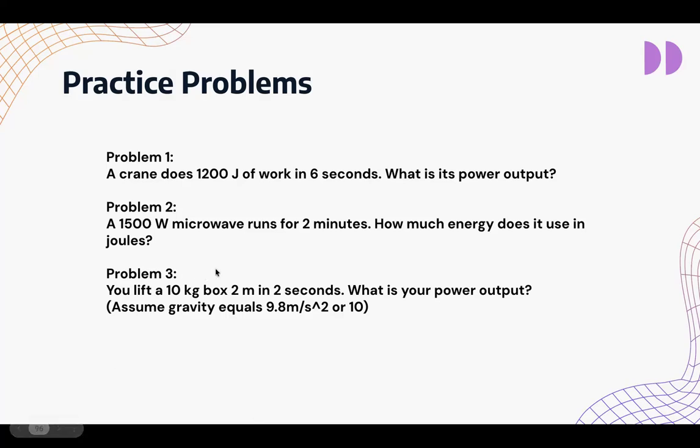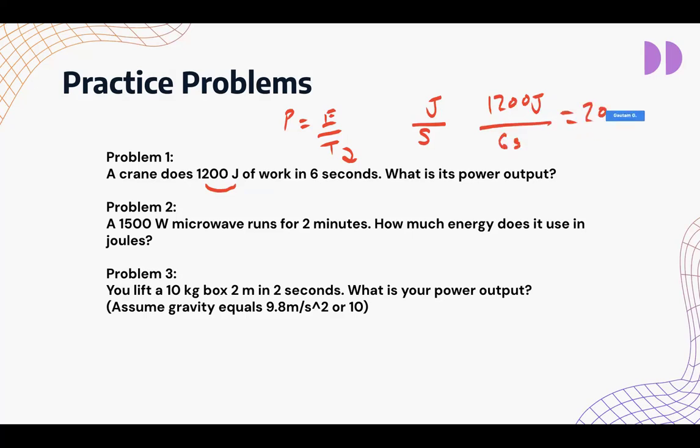Let's just go through these problems really quick and then I'll call it for today. So if we know joule is energy, correct? So if P equals energy over T, and we're talking about T in seconds and energy in joules, right? So it's just 1,200 joules over 6 seconds, which equals what, 200 watts in this case?